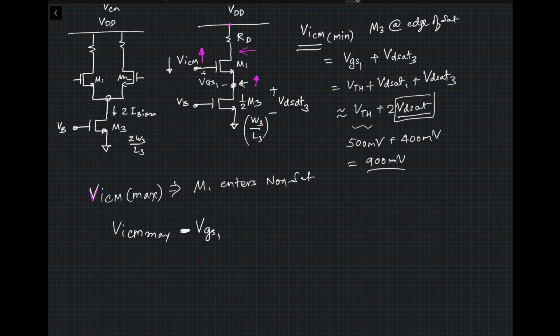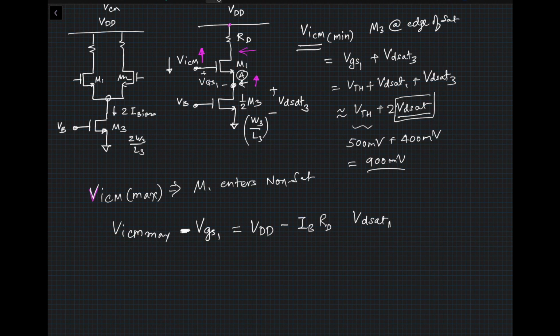Let's call this node A, the voltage at node A, and that should be equal to, starting from the top, VDD minus I bias RD. And then since transistor M1 is going to be on the verge of saturation or non-saturation, then that would be plus VDSat1. I think I made a mistake.